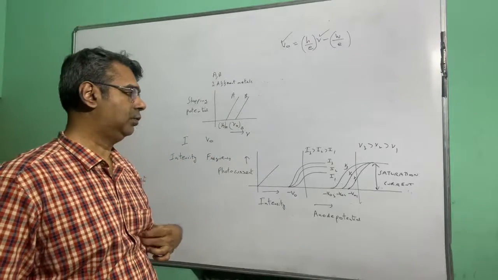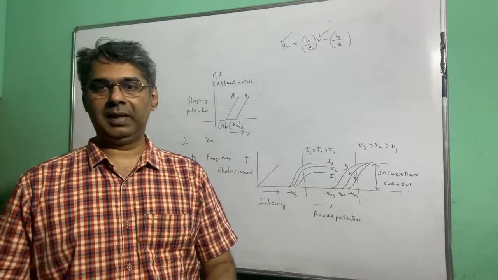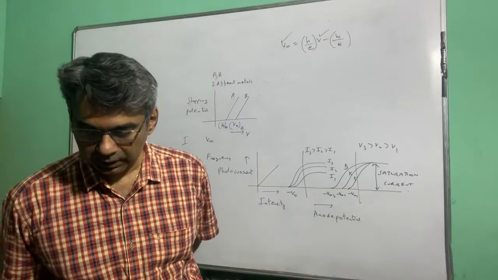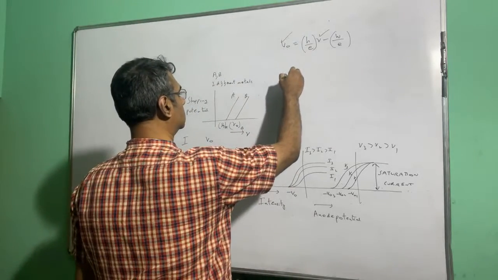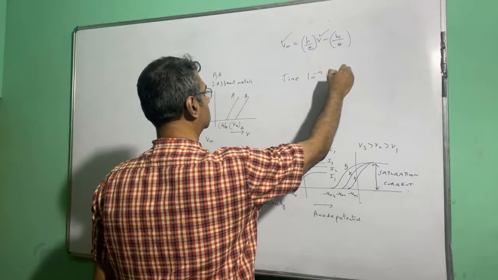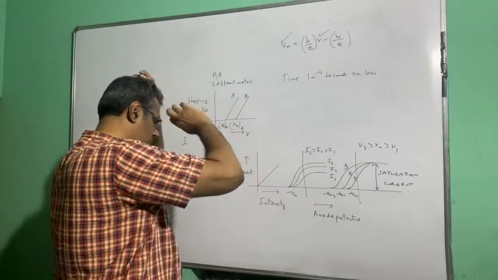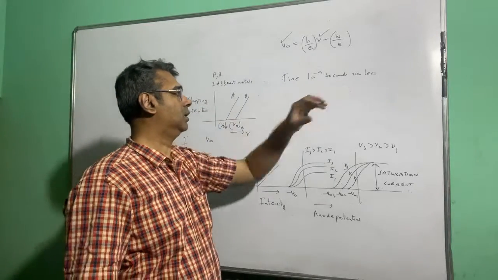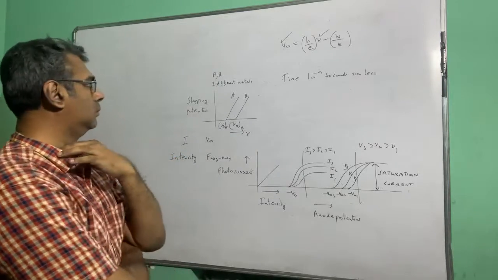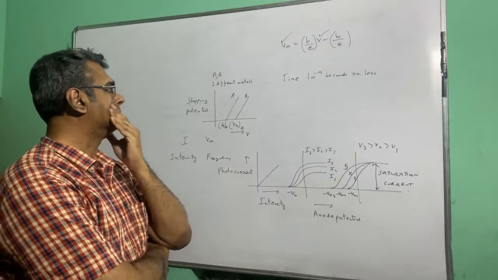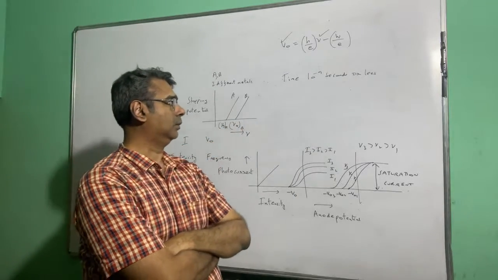Another thing is that in photoelectric effect there is no time lag. That means from the moment the photons hit the cathode till the time the current is first perceived, the time lag is 10 to the power minus 9 seconds or less.